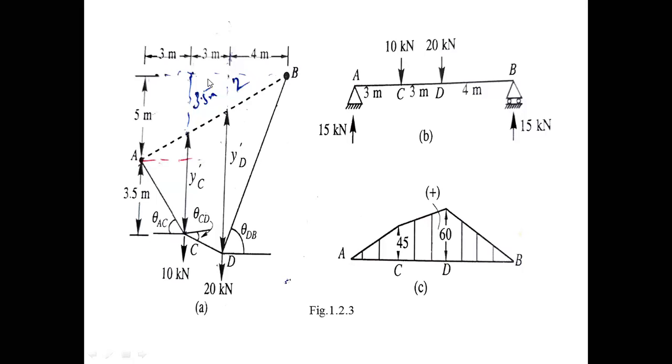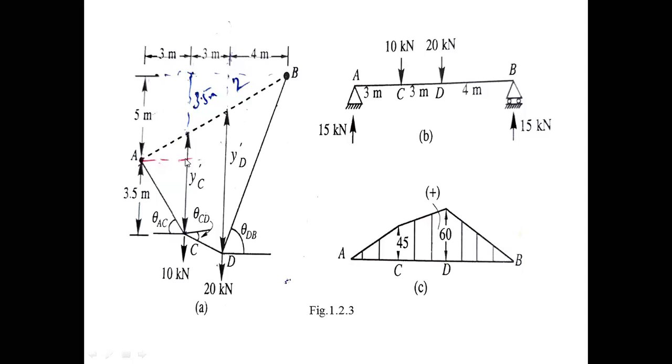Let us take B dash. A B dash is the big triangle with sides 10 meters horizontal and 5 meters vertical. Similarly, take here the small red-ink triangle A dash and C dash.